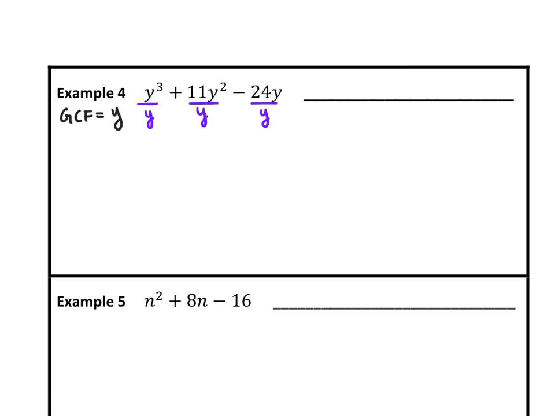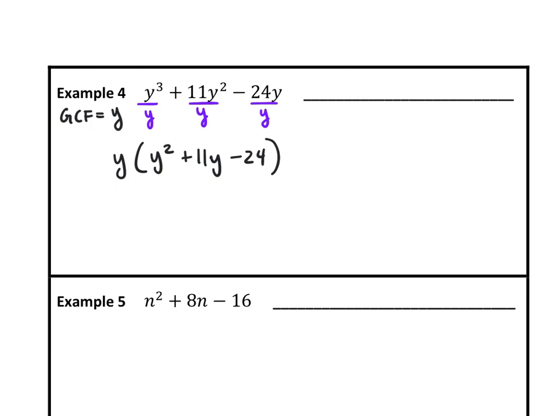And so that means I'm going to have y, parentheses, and then divide, right? So y to the third divided by y is y squared plus 11. y squared divided by y is y minus 24. And the y's cancel here.